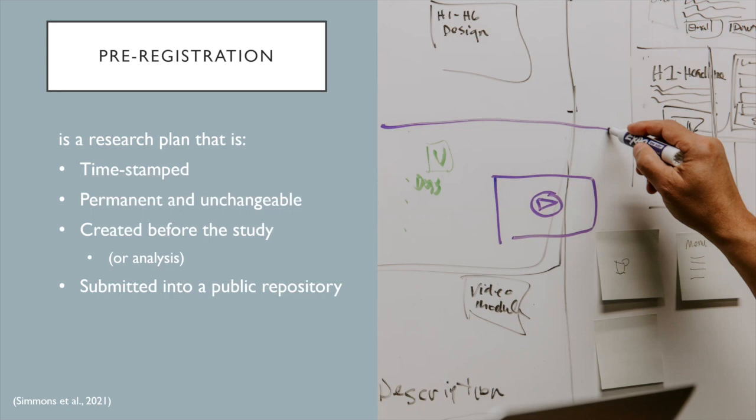And it is preferably created before the study, though, for instance, in those studies where an analysis will be done with data from long reports, long studies with big data, sometimes researchers can do pre-registrations with data that is already collected. But of course, and preferably, it is created and submitted before the data is collected. And it is submitted into a public repository, for instance, the Open Science Framework.